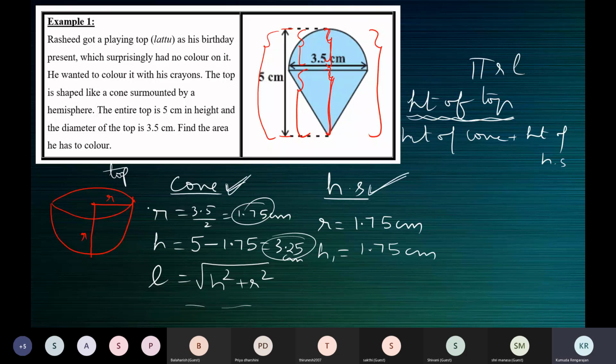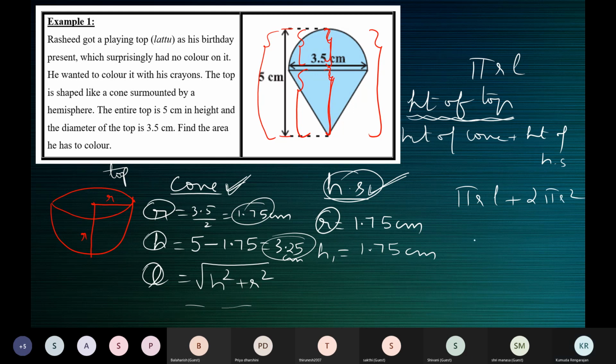And for a cone, what do you need? Radius, height, slant height. What do you need for a hemisphere? Radius. So read the question and get these values first. Don't start working pi r l plus 2 pi r square. If by mistake you take the height of the cone as 5, everything else is correct, but this value you've taken incorrectly, all your efforts will go waste.